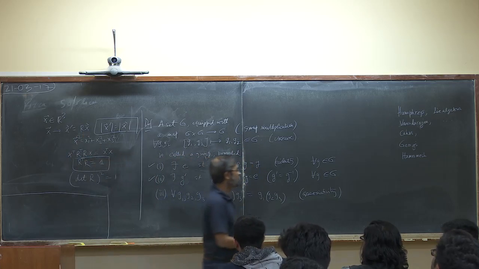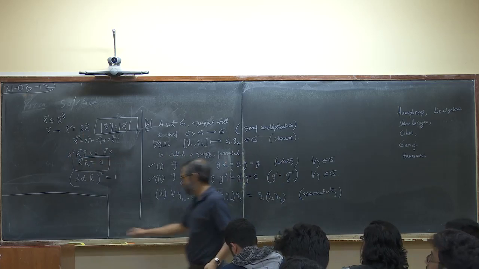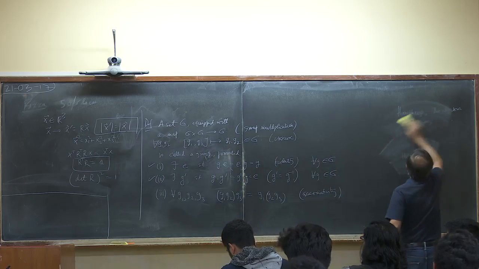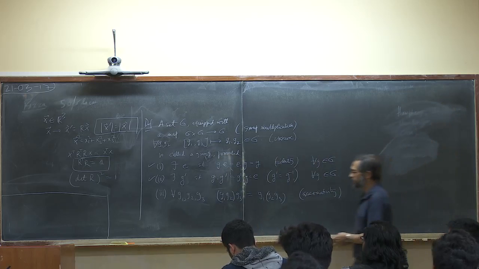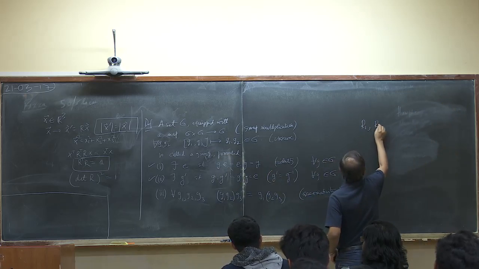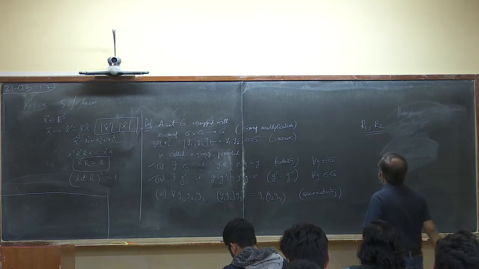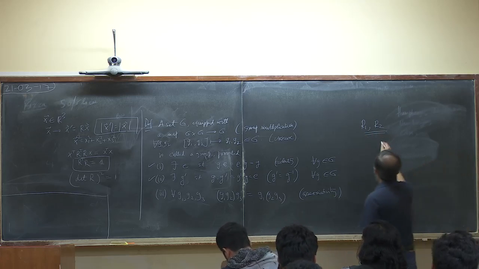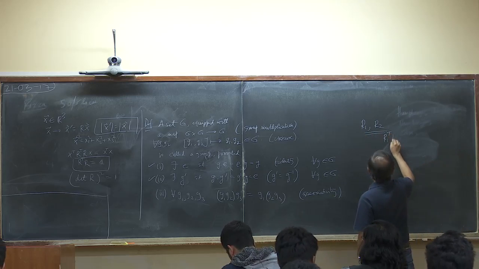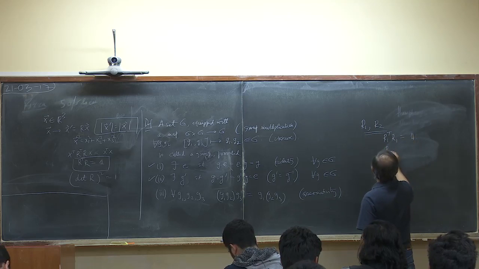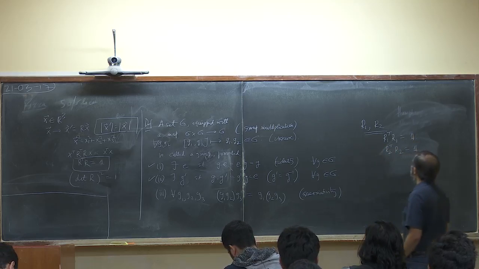How does that work? That is also simple. Suppose there are two such R matrices, R1 and R2, each satisfying this property.